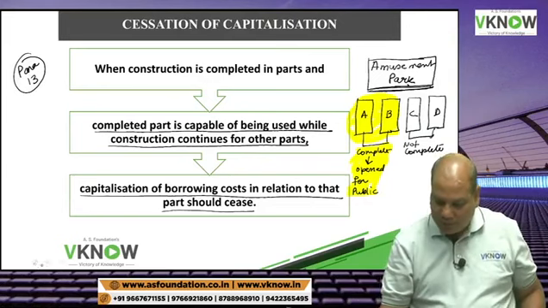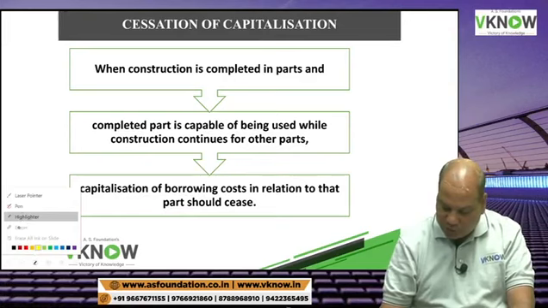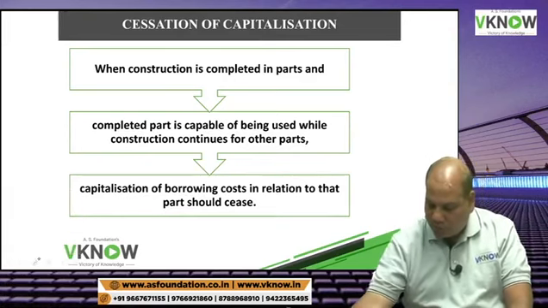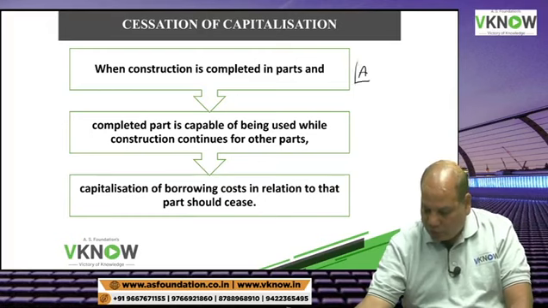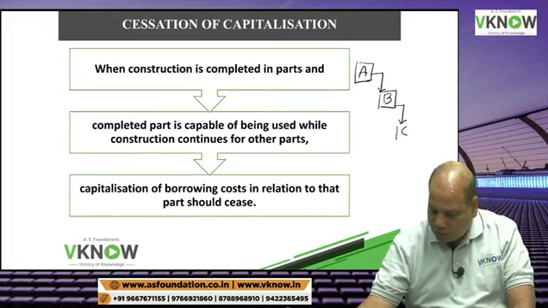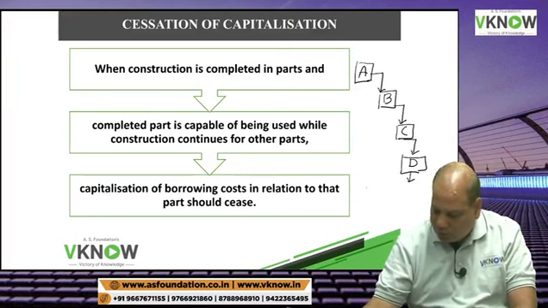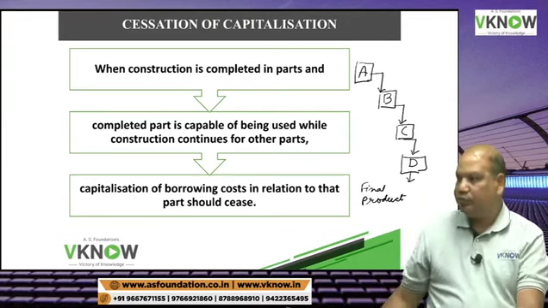Okay. One more example. Suppose there is a process industry. Process industry means output of A becomes input for process B, output of C becomes input for process D, and finally from D the final product will emerge.